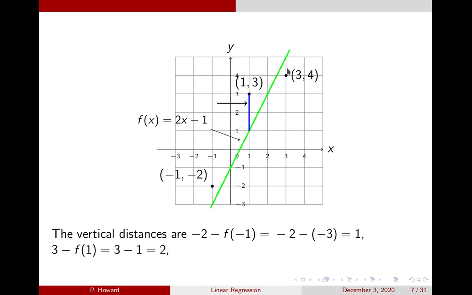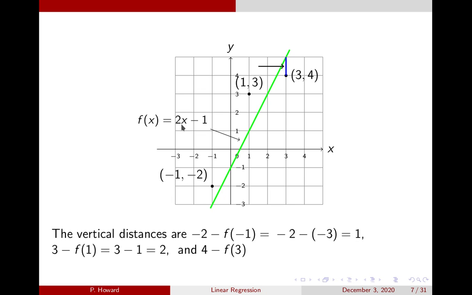And finally, for the point 3, 4, we will subtract the height of the graph from the height of the point. 4 minus f of 3. And what is f of 3? The height of the graph when x equals 3.